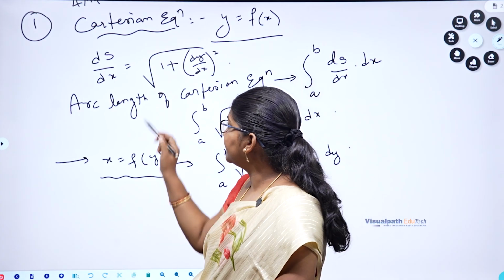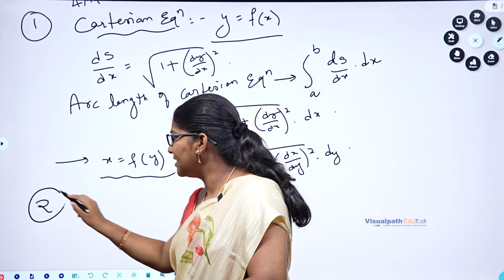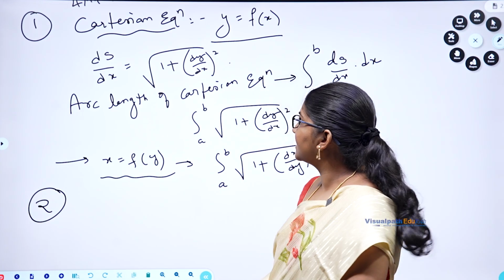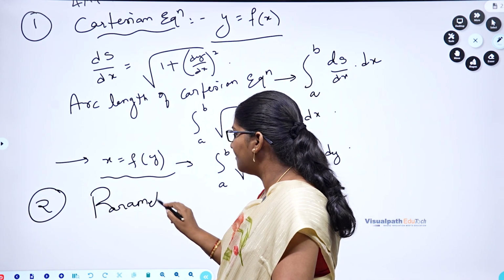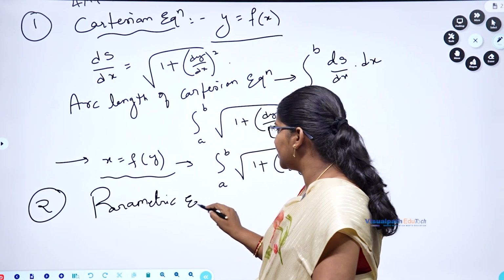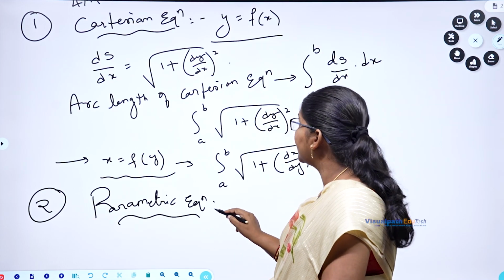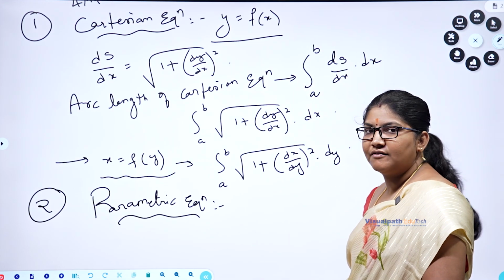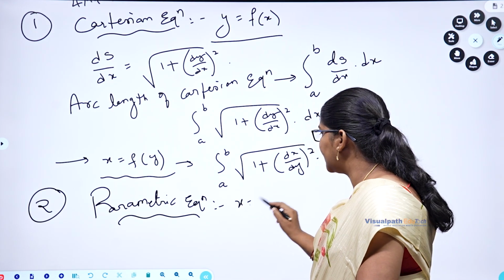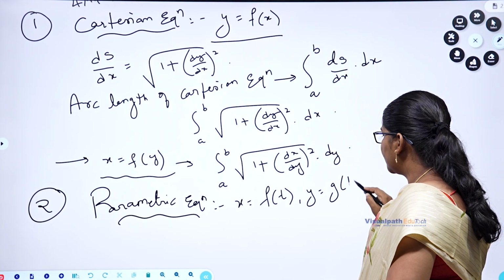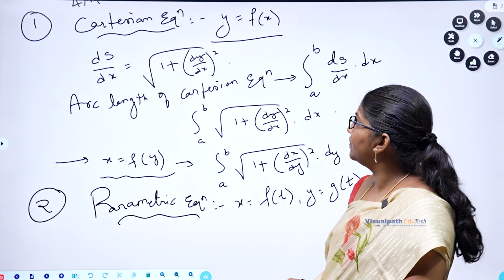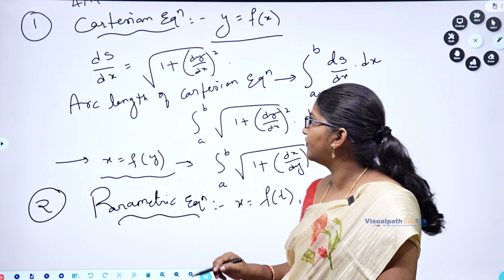Okay, this is the first formula you have to remember. And next, for parametric equations. Parametric equations means the format will be like x is equal to function of t and y is equal to function of t.